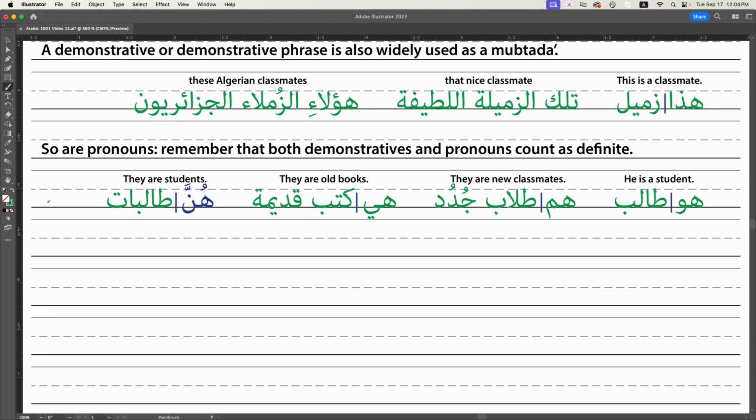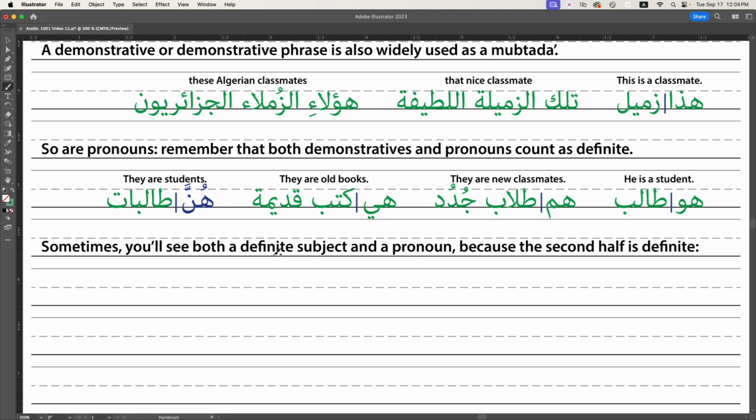And then there's this oddball little rule that sometimes you'll see both a definite subject and a pronoun, and that's because the second half of the sentence begins with alif lam. So here's a couple of examples of this. So ذلك الرجل, that man. So this is definite because it's a demonstrative. This is definite because it's alif lam.